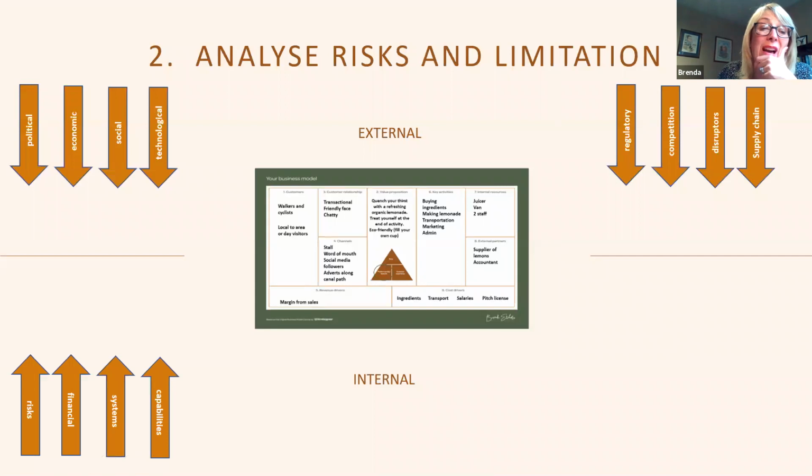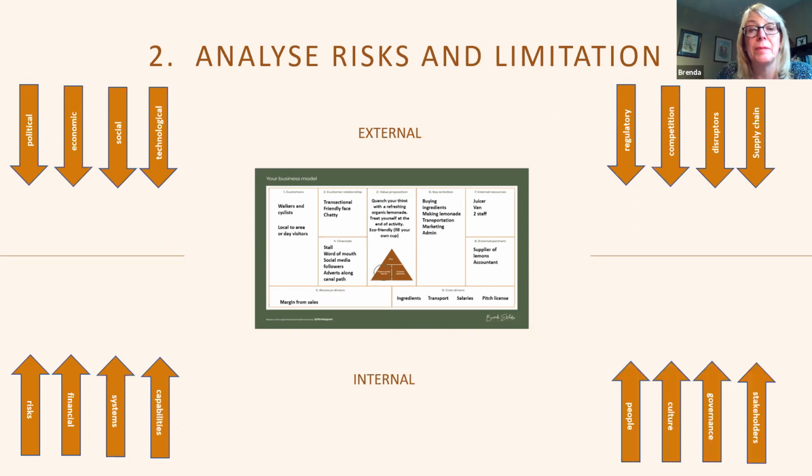Internally, it could be financial: have you got the right cash flow in place to keep being able to buy the lemons to make the lemonade? What risks are there? What if I sell lemonade to somebody and they have an allergic reaction? I need to think about that. And what systems and capabilities do I have? Do I have all the right things in place?